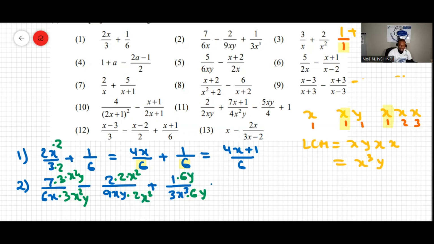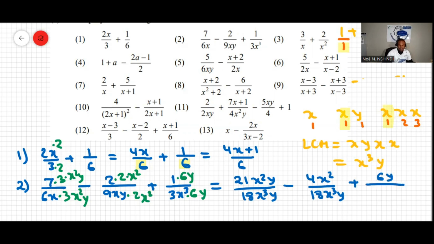Then we can write the numerator. It will be 21x squared y over 18x cubed y, minus 4x squared over 18x cubed y, and then plus 6y over 18x cubed y.